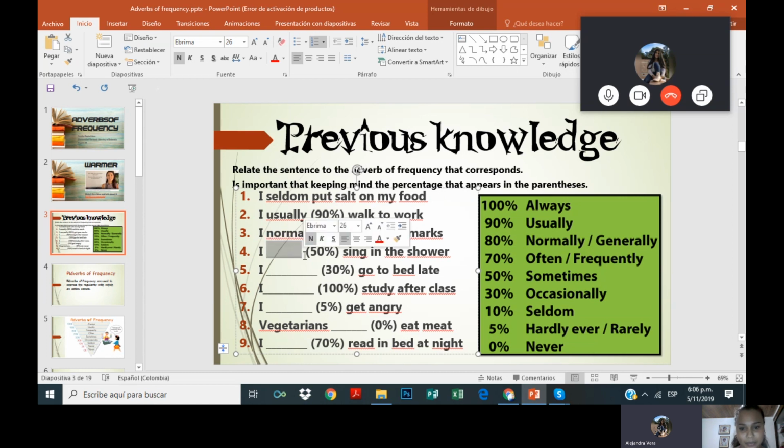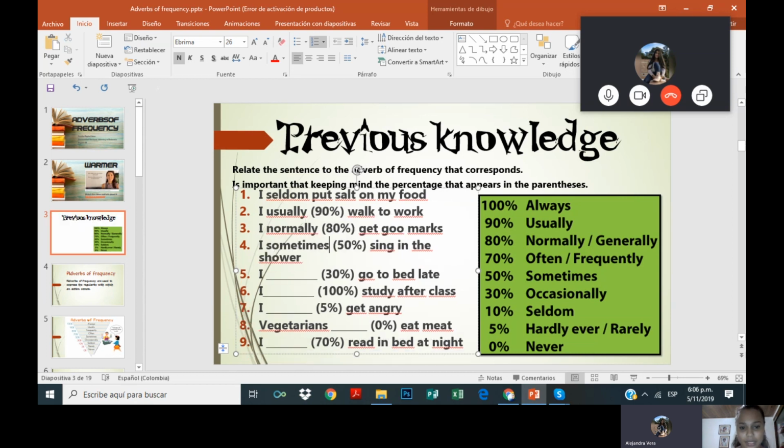Number four. I sometimes sing in the shower. Excellent. Number five. I occasionally go to bed late. Number six. I always study after class.